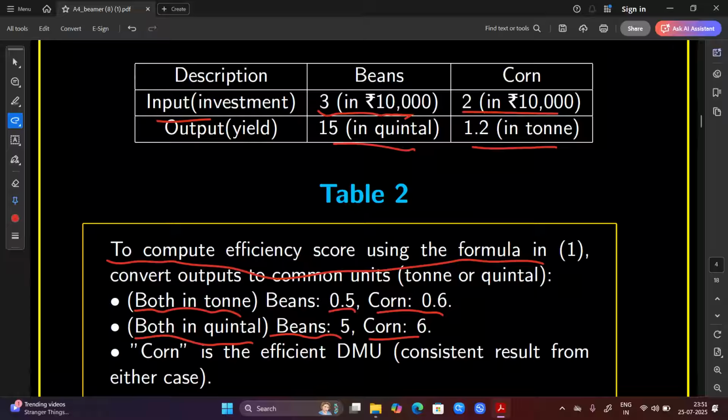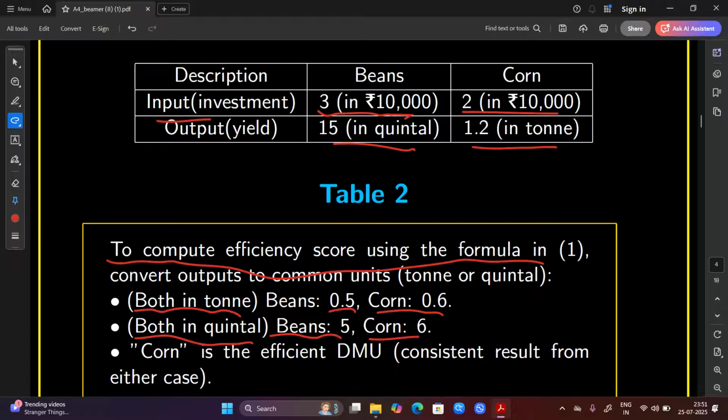A simple explanation: if it is in ton, the beans value is 0.5 and corn value is 0.6, and if you convert both into quintal, now we are getting beans as 5 and corn as 6.